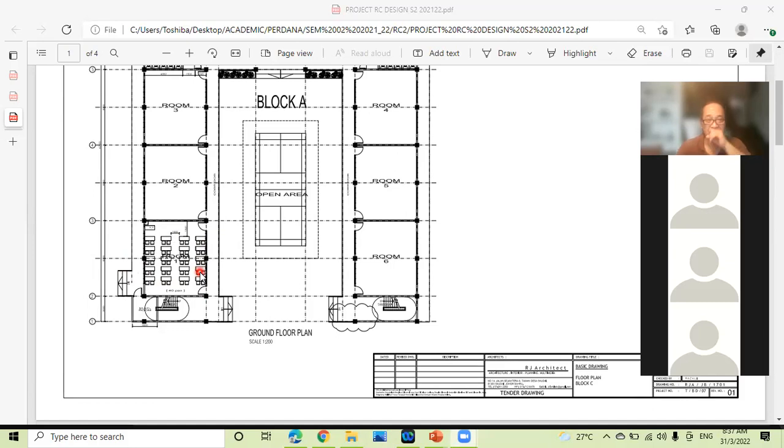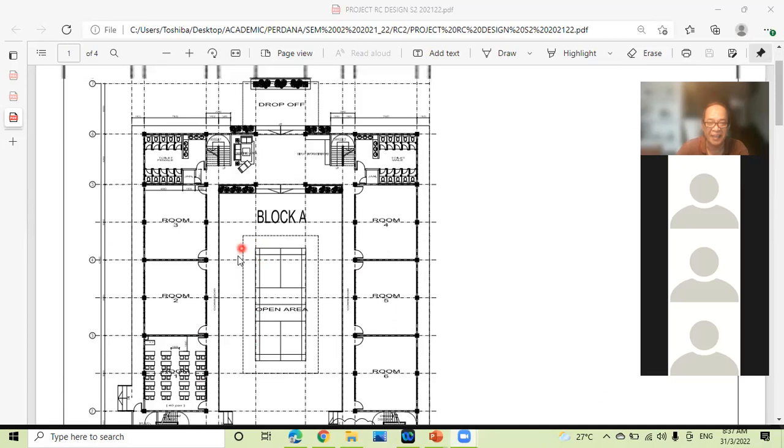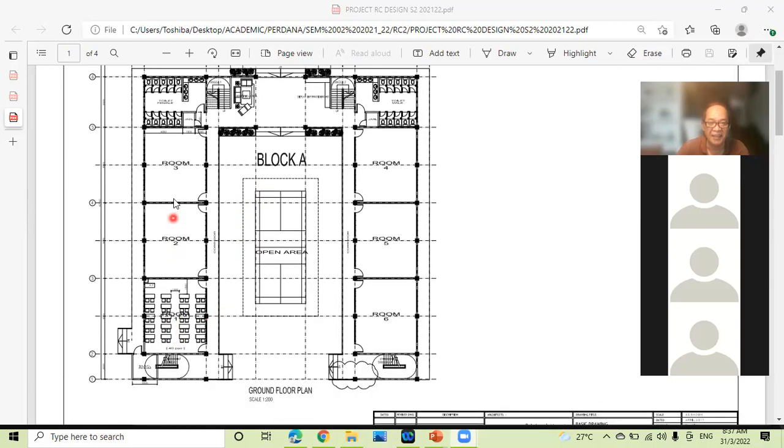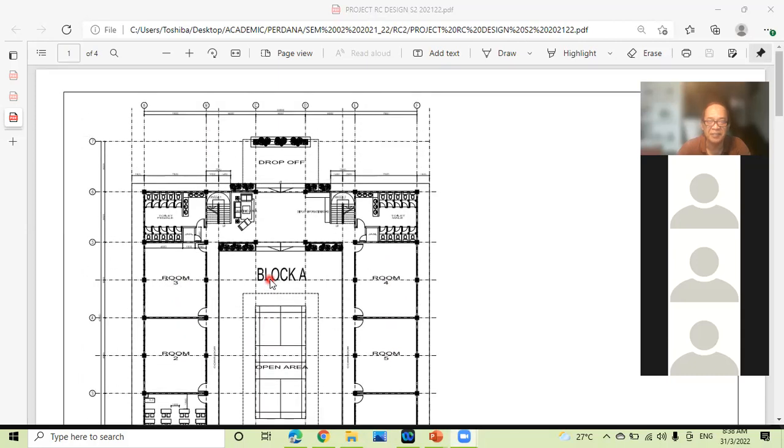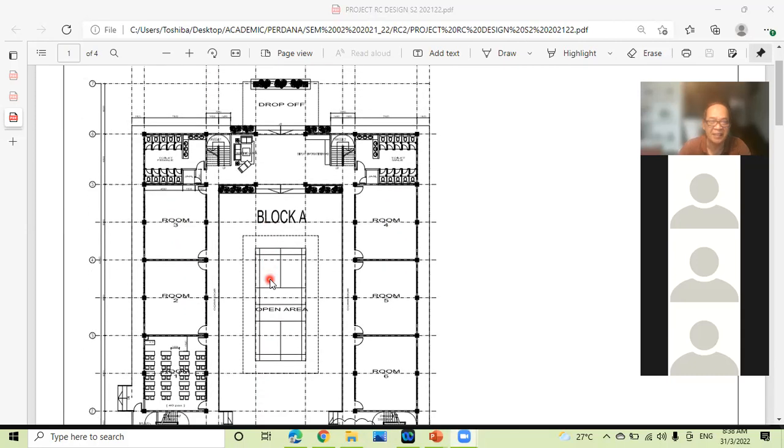Cuma the shape of the building is like a U shape sikit lah. We have one on one side sini, kemudian we have another block di sini, and subsequently we have another block over here. So it forms like a U shape punya building, okay, for a two-story building, U shape.